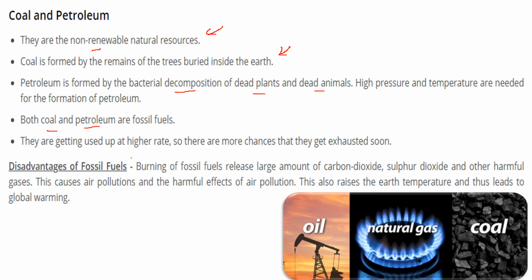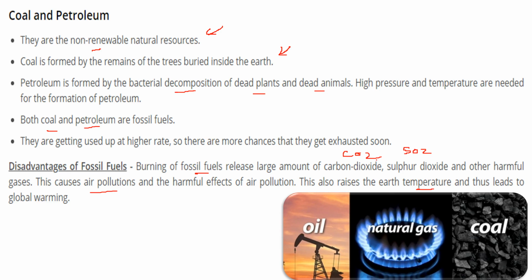What are the disadvantages of fossil fuels? Burning of fossil fuels releases large amounts of carbon dioxide, sulfur dioxide and other harmful gases. First of all, these gases cause air pollution, and we know the harmful effects of the air pollution we see in different parts of the country. This also raises the Earth's temperature and leads to global warming, because these are greenhouse gases.